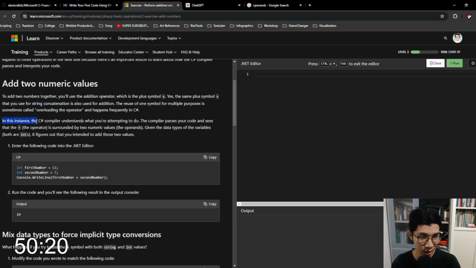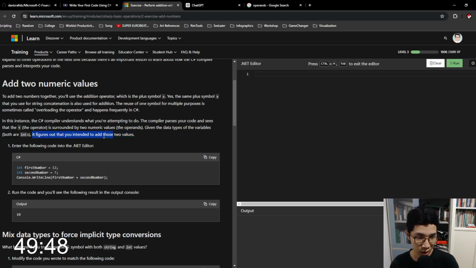And then in this instance, the C# compiler understands what you're attempting to do. The compiler parses your code and sees that the operator is surrounded by two numeric values, the operands. Given the data types of the variables, both are integer variables. Okay, I understand this.